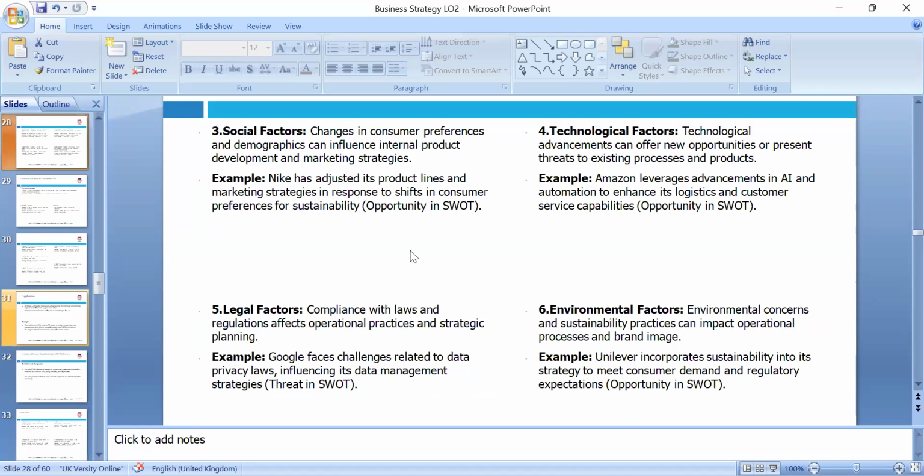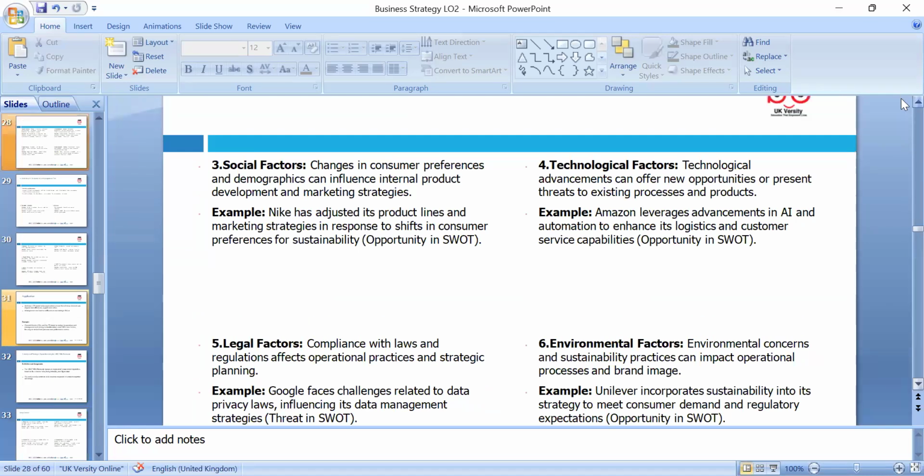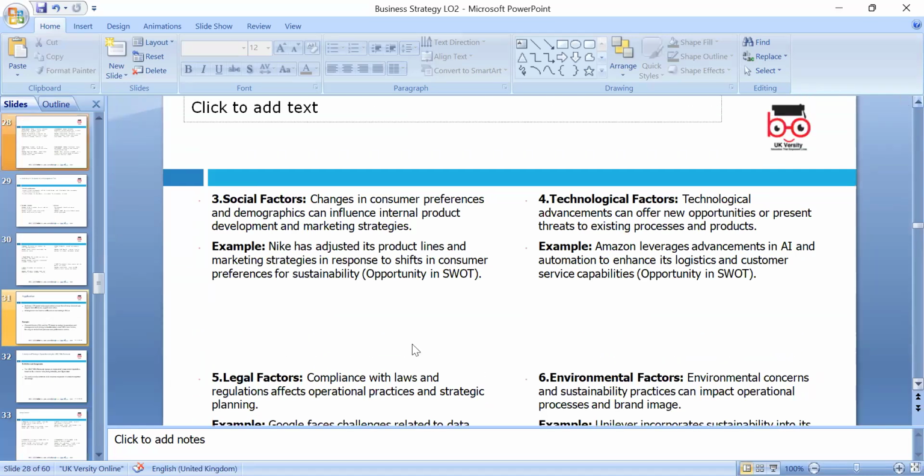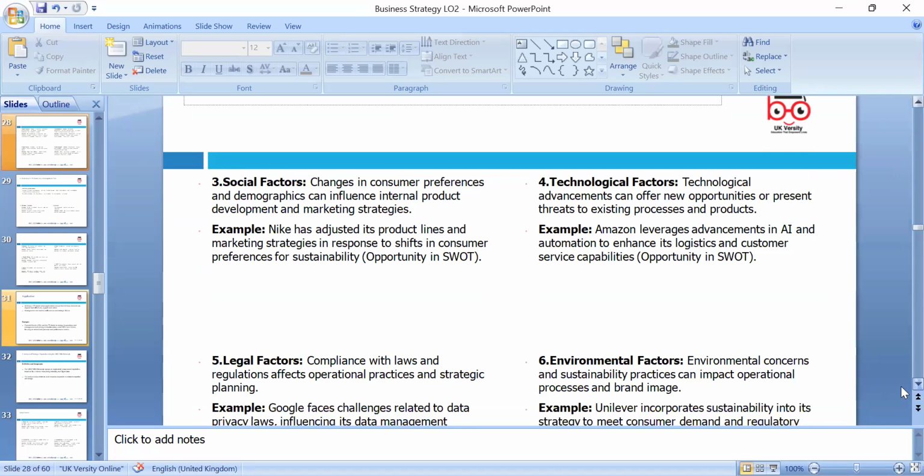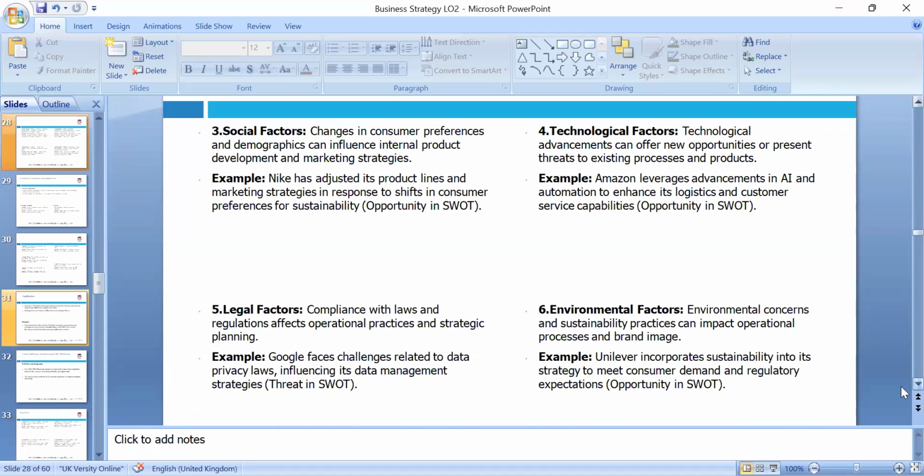And the social factors, then of course there are other examples we can look at. Those are like Nike, fashions carrying on changing; legal factors, compliance and procedures; technological factors, Amazon using new technology; legal factors, Google faces challenges relating to data privacy.